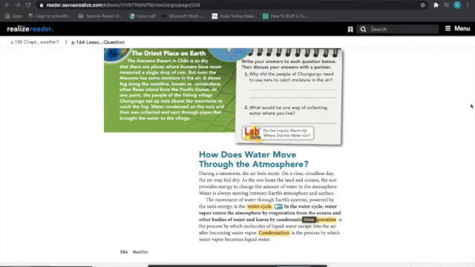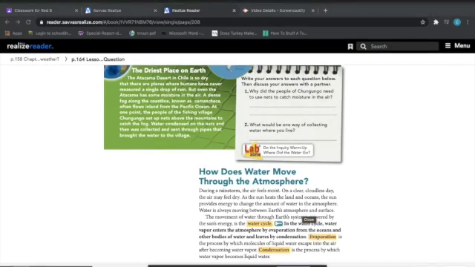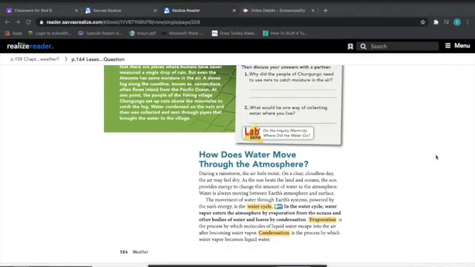In the water cycle, water vapor enters the atmosphere via evaporation from the oceans and other bodies of water and leaves by condensation. Evaporation is the process by which molecules of liquid water escape into the air after becoming water vapor. Condensation is the process by which water vapor becomes liquid water.